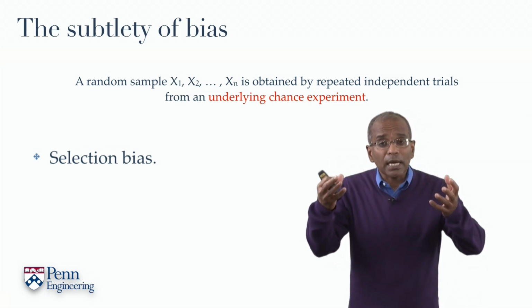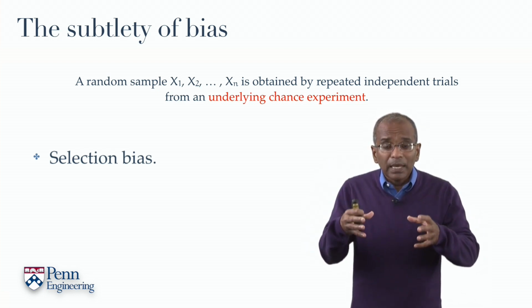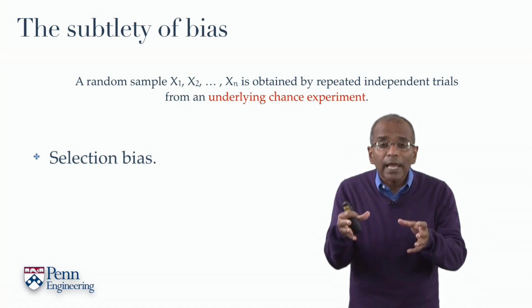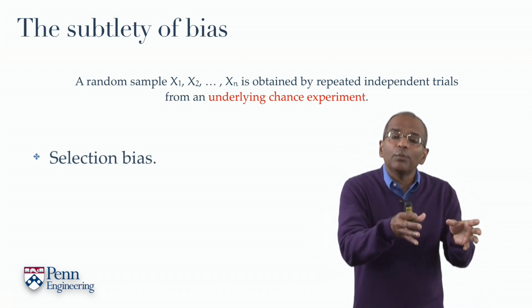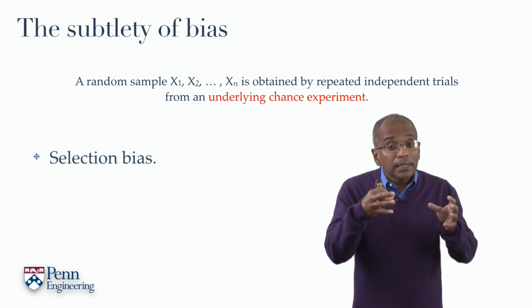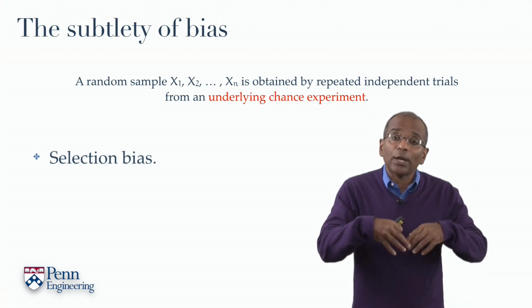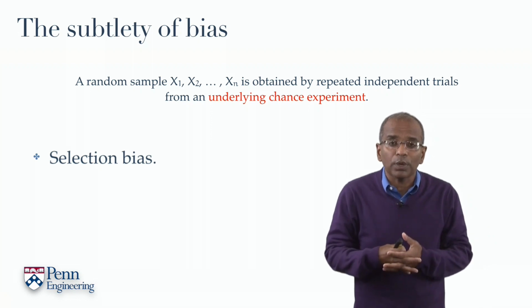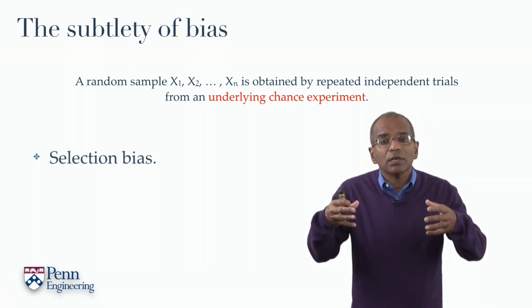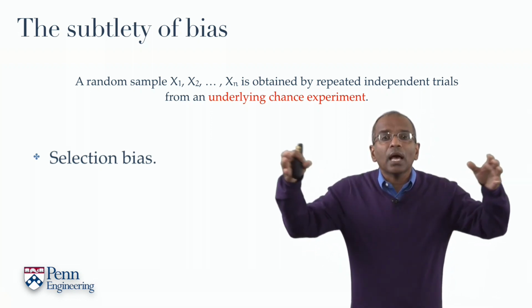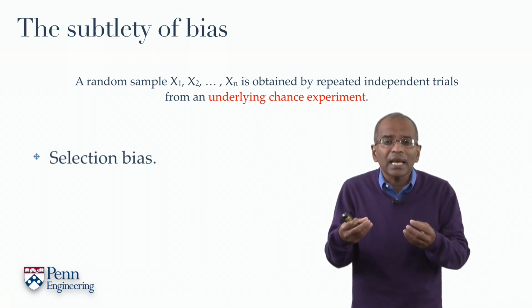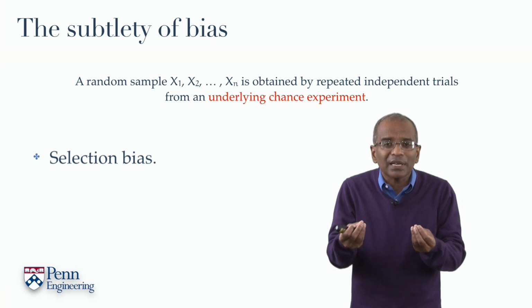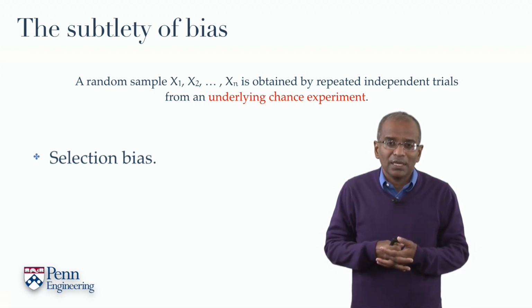Even if the poll is conducted independently, the sample then reflects that percent of the population who are at home in the middle of the day. That percentage of the population, while an honest accounting for that subgroup, may or may not represent the population at large. And so here's an example of a selection bias that has insidiously crept into the sampling process.